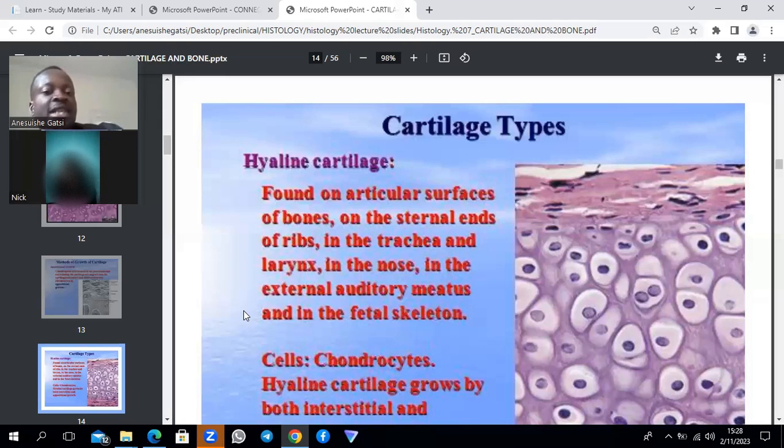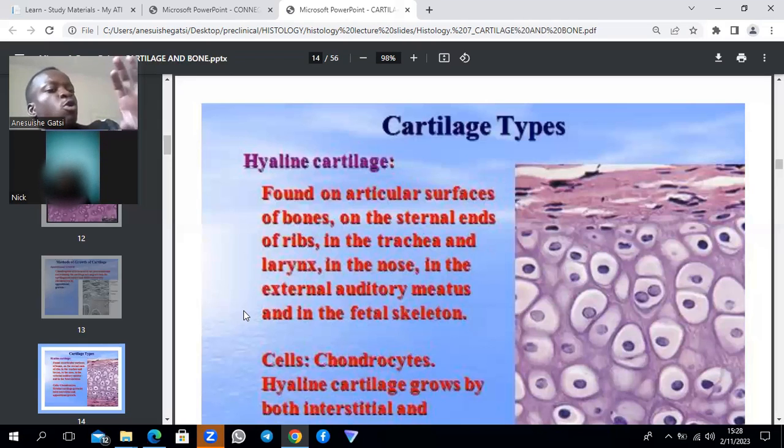So hyaline cartilage is mostly type 2 collagen. That's what we find on most articular surfaces for joints. I'm sure you've done a lot of synovial joints where you say the articular surfaces are covered by hyaline cartilage. That's a typical synovial joint. But there are certain joints in the body that are synovial, but their articular surfaces are covered by fibrocartilage.